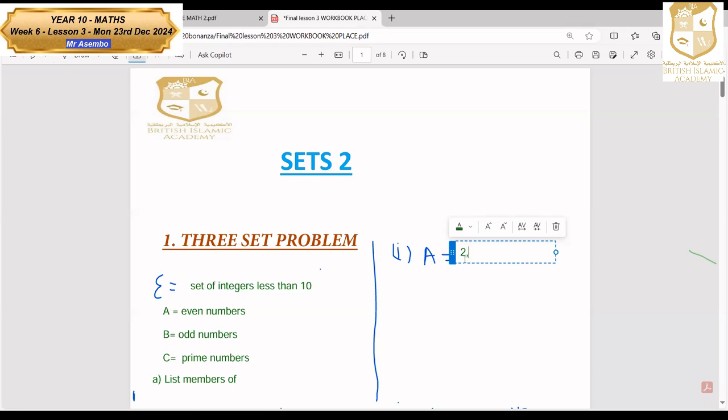So it will be 2, 4, 6, 8. And 10 is not included.